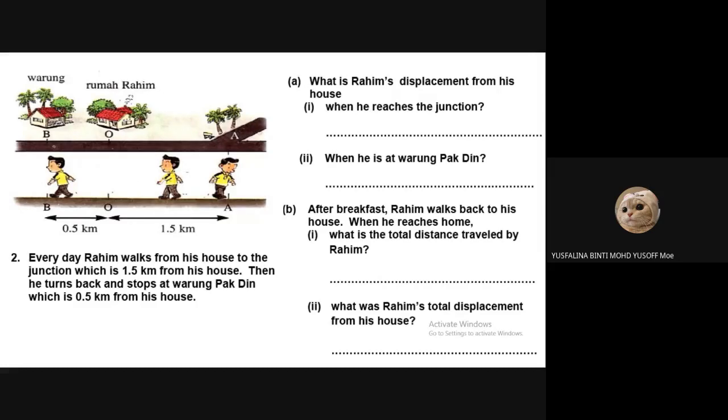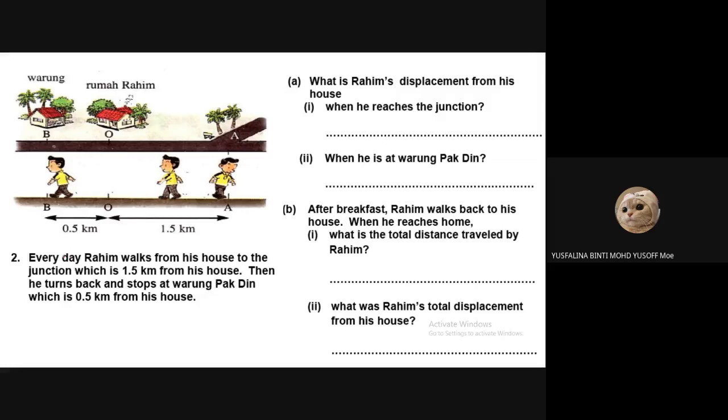For the direction, it's better to use left or right, and north, south, west, east. Don't use forward or backward. So 1.5 kilometer to the right.